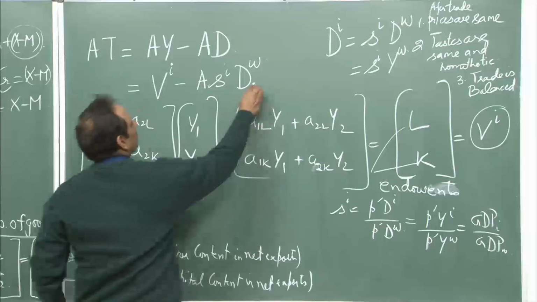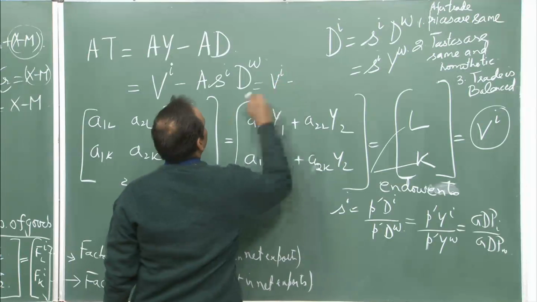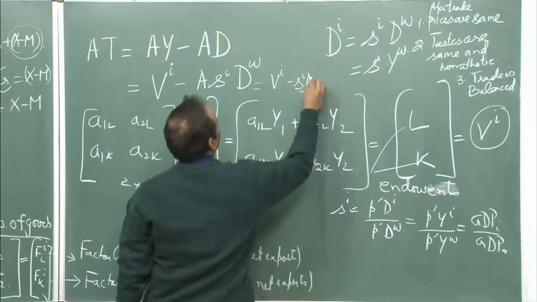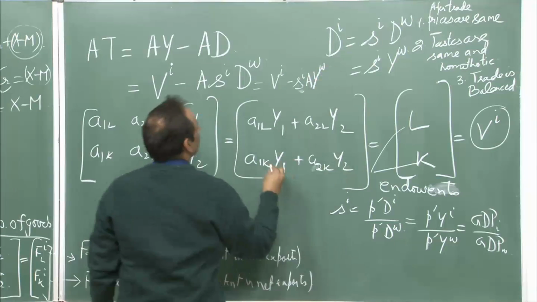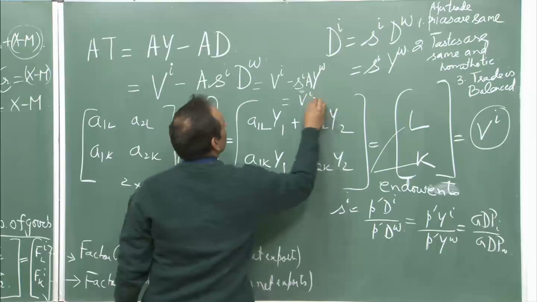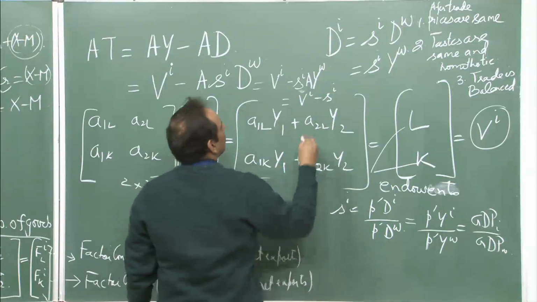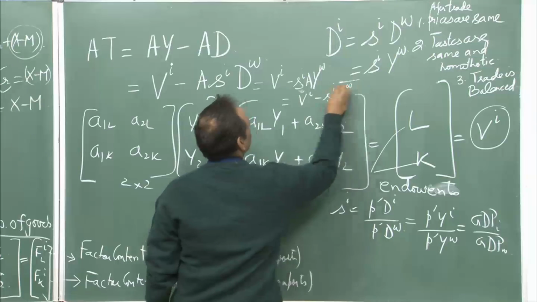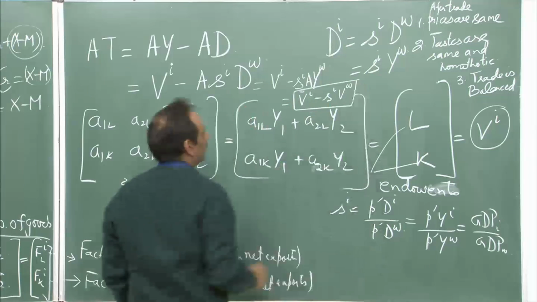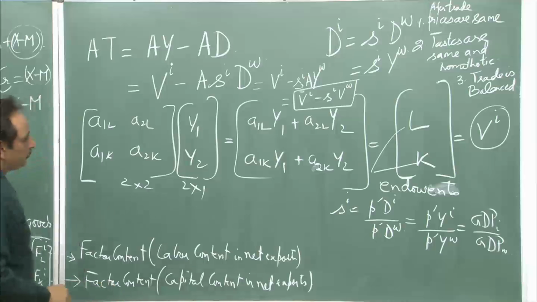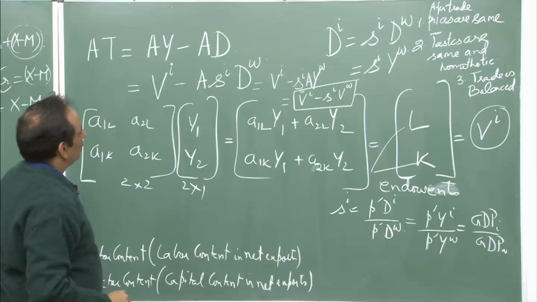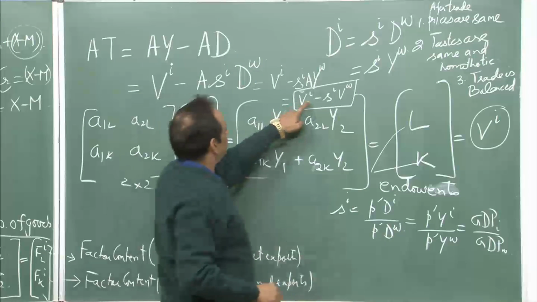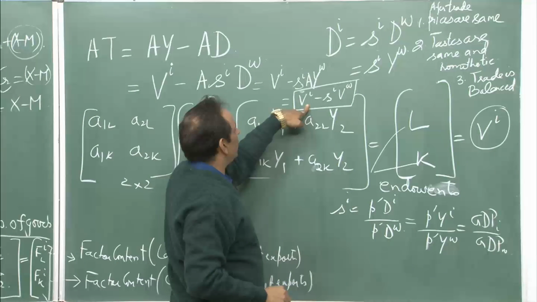So, if you work further on this, this would become Vi minus Si Vw, and this would give you the final equation of the HOV model.